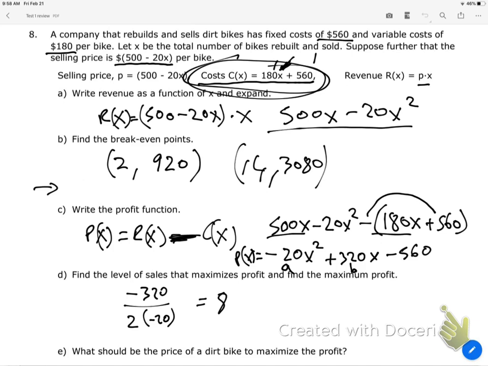Now, finding the maximum profit is plugging that back into the equation. That's a pain. So here we go.